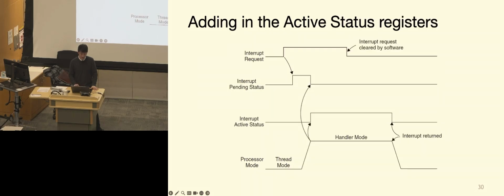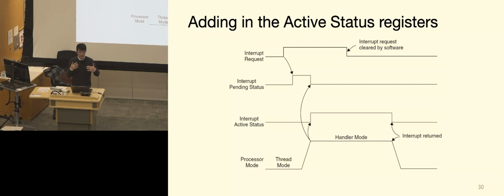All right. So here we're going to add in the active state register. Basically, as before, we have the interrupt request coming in, which causes the pending to rise up, and that triggers the processor mode, or the core, the main program, to go from the thread mode to the handler mode.